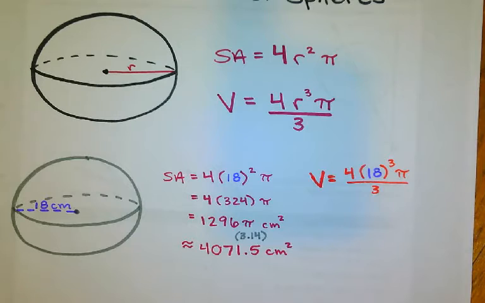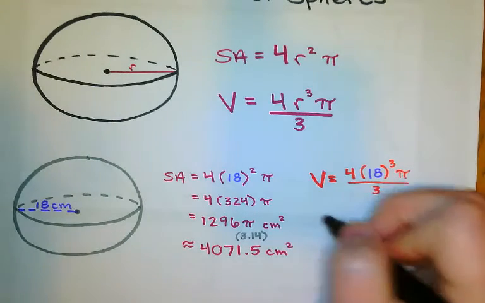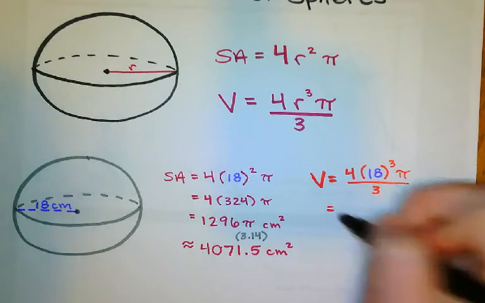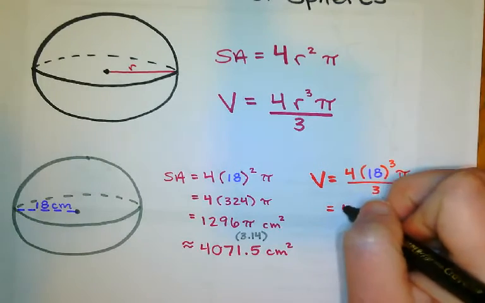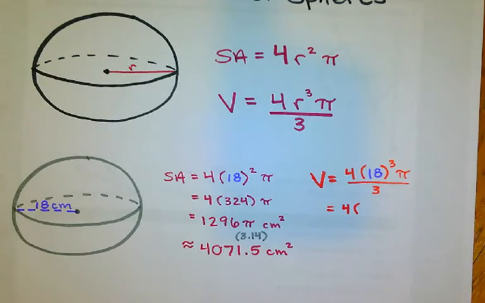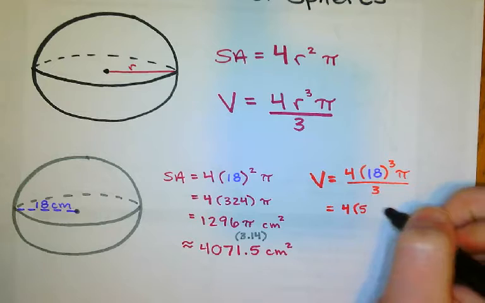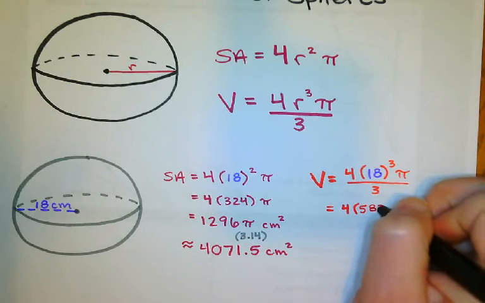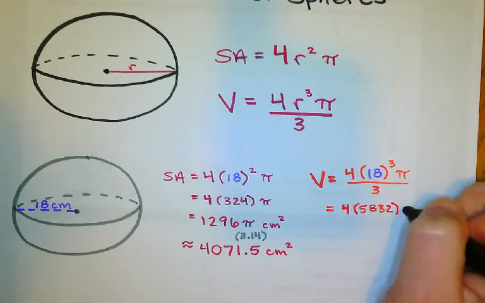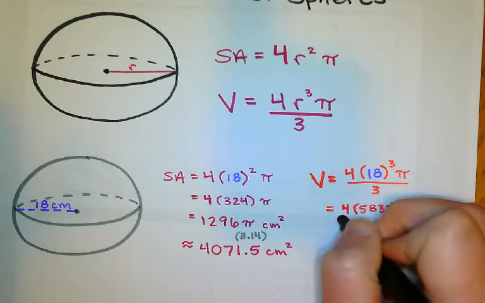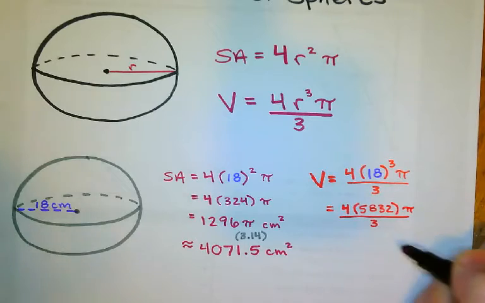So now we are going to work this out. We have our 18 cubed is 5,832. And then we've got our pi, and we divide all this by 3.